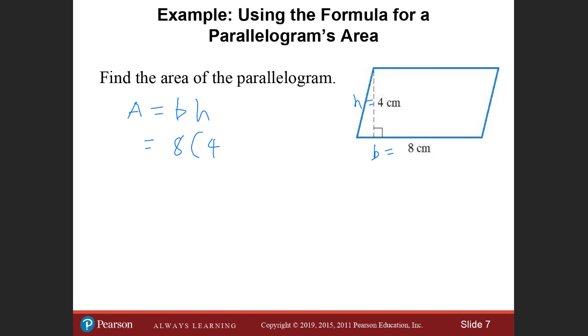The area is 32 square centimeters, or you can write this as cm to the power of 2. It's the same thing. So that would be our answer, 32 square centimeters for this problem.